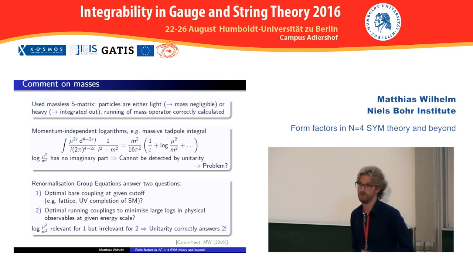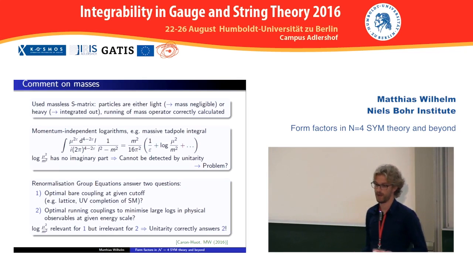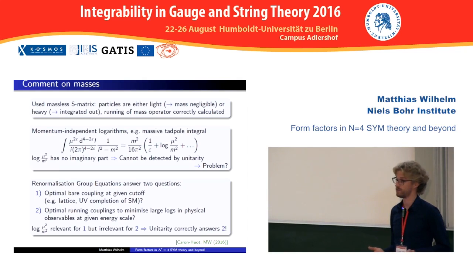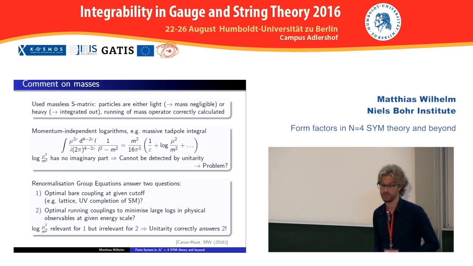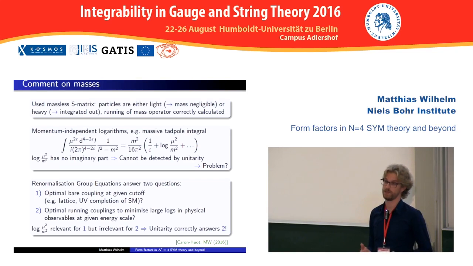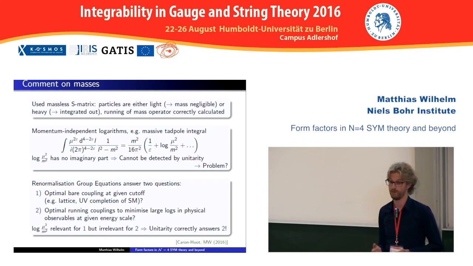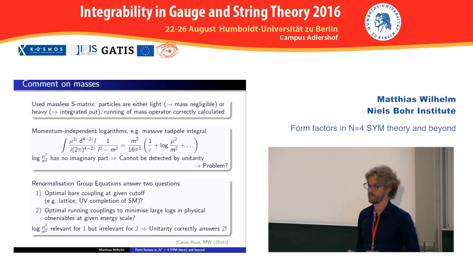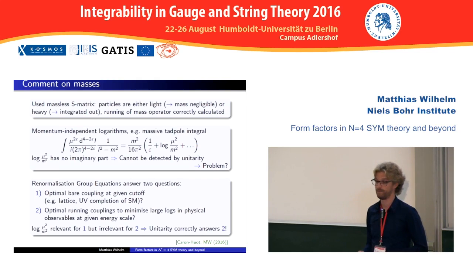We would argue no. The renormalization group answers two distinct questions. The first question concerns the optimal bare coupling at a given cutoff. This question is, for example, relevant for practitioners of lattice calculations, as well as for a possible UV completion of the standard model.